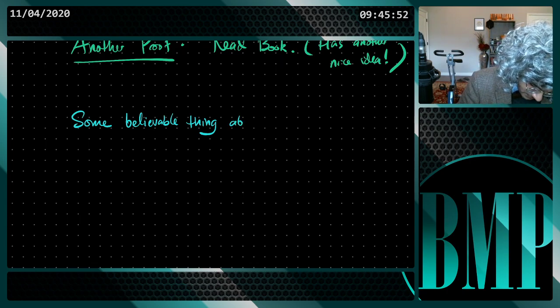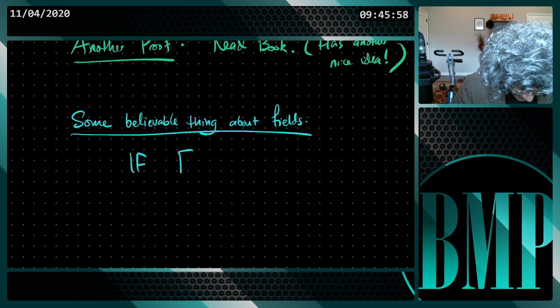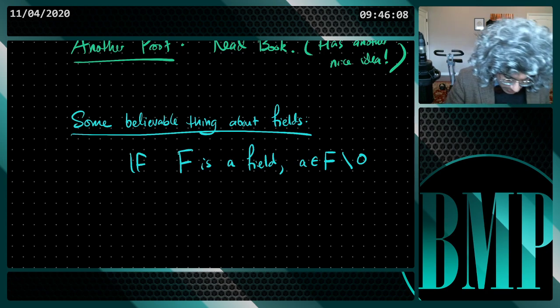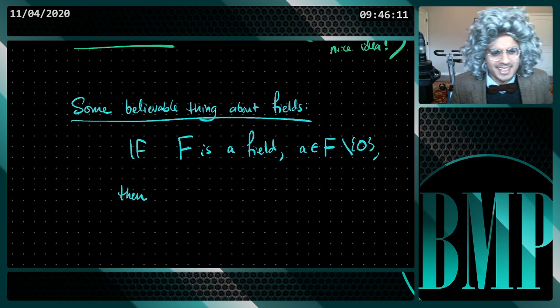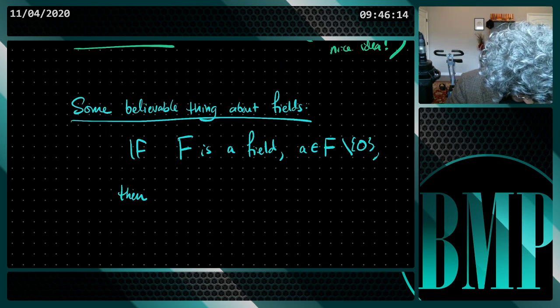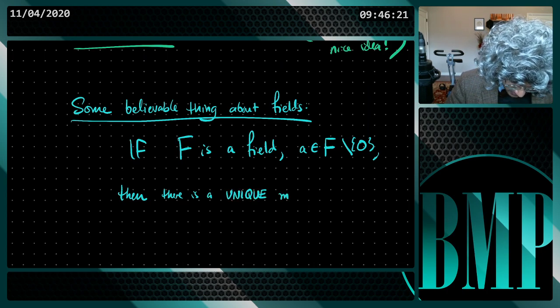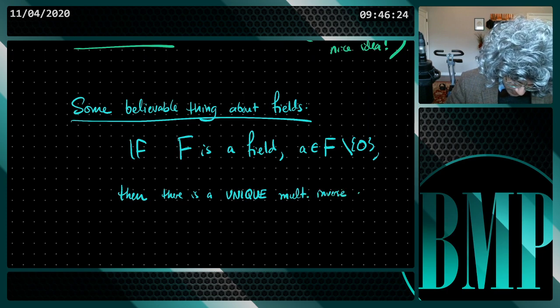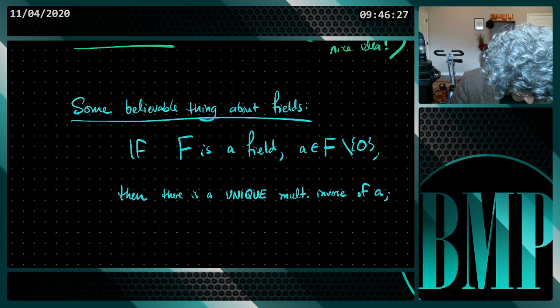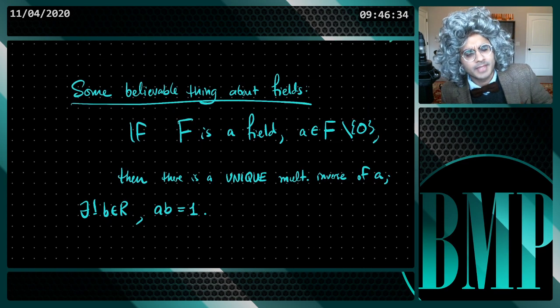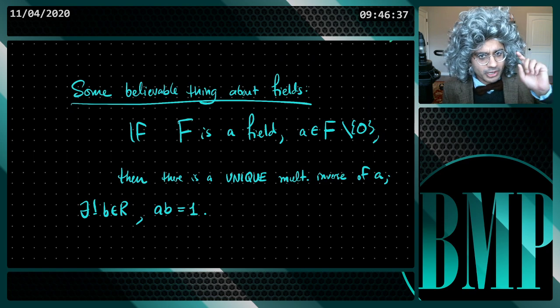One thing: if F is a field and A is a non-zero element, then there is a unique element B such that A times B equals 1, and B times A. Everything's commutative when we talk about integral domains and fields.